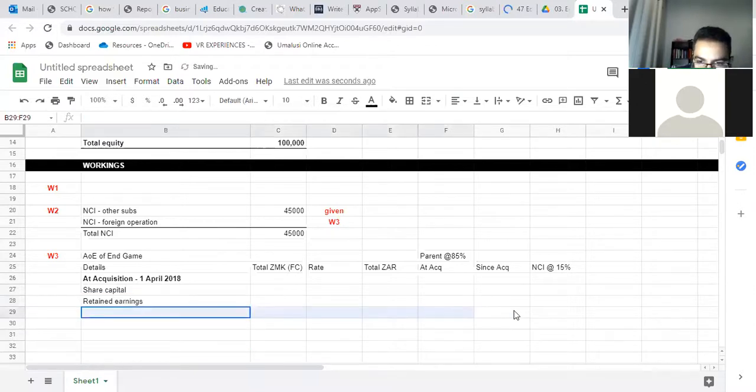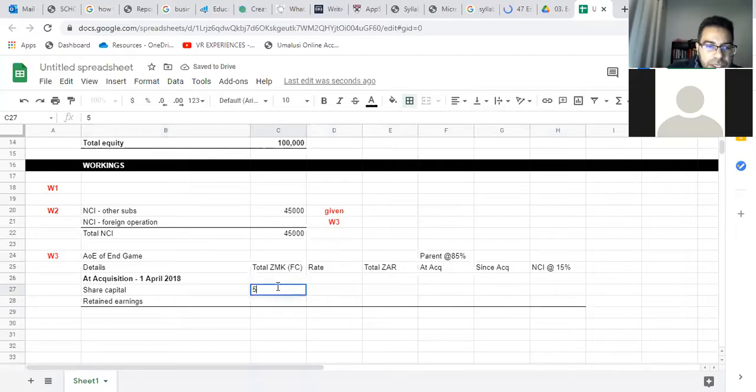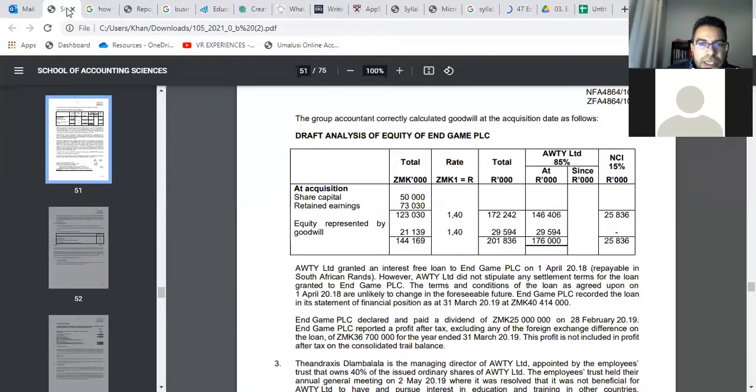This is going to give us whatever it is. So this they told us was 50,000. They told us this was 73,030. Let me just check quickly. Okay, yeah, 73,030. Then we're going to have goodwill, and then we're going to have total.